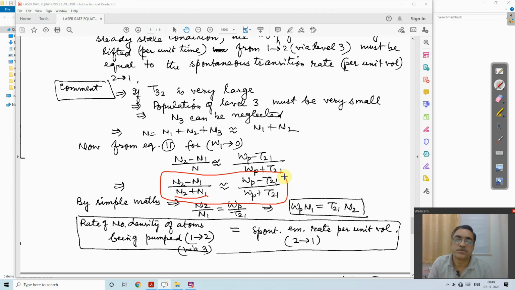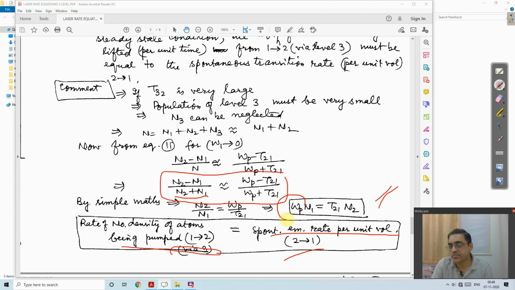By applying componendo and dividendo and simple, elementary algebraic manipulation, we obtain WP N1 equal to T21 into N2. That means the rate of number density of atoms being pumped from 1 to 2 via level 3 must be equal to the spontaneous emission rate.